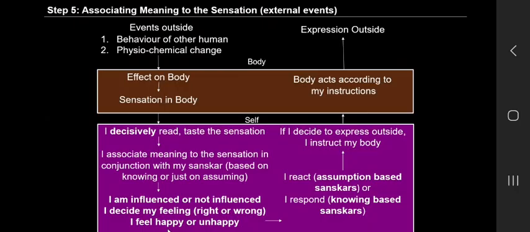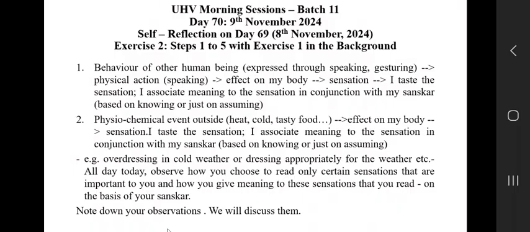And the basis is that I should be aware all the time. I should be aware of my feelings. I should be aware that these are sensations. What is happening at the level of body is a sensation. It is up to me what meaning I will give to these sensations. So when I am giving meaning, I need to be aware.